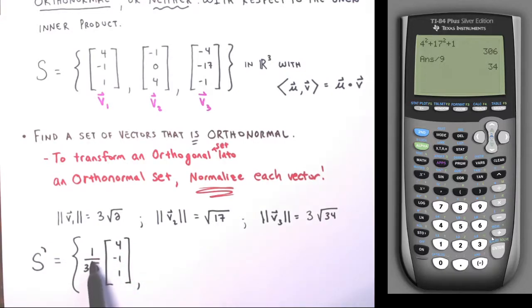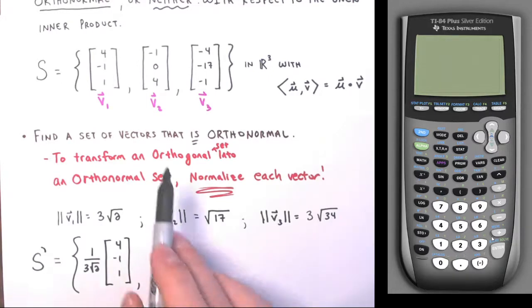Multiplying each component by the scalar, you get 4 over 3 root 2, negative 1 over 3 root 2, and 1 over 3 root 2. You would see that the norm of this vector is 1. This is a unit vector.